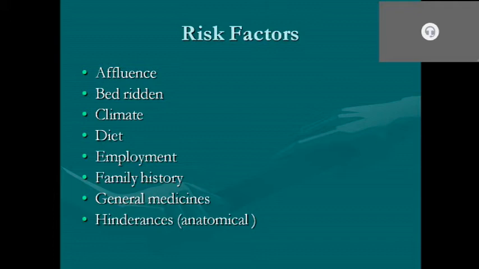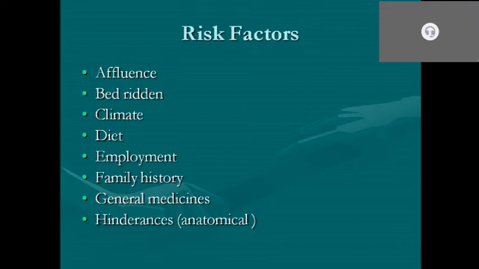Dietary habits and employment, like police, traffic personnel who stand the full day in the sun, farmers, laborers, have more risk because they are more prone to dehydration. Then family history of stone, and some medicines, as we discussed in the last class, which can lead to formation of stones.